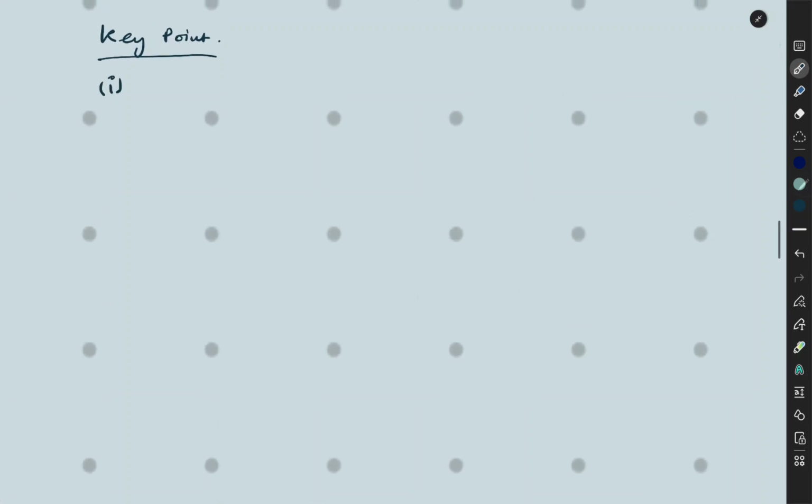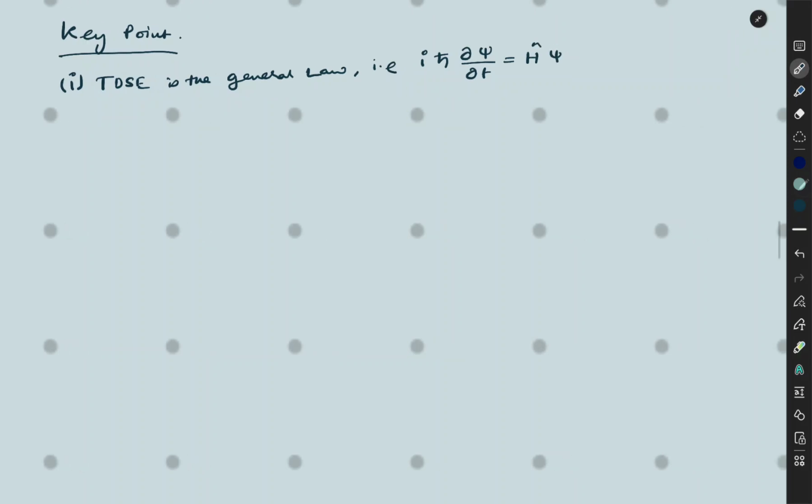The first one: the time dependent Schrodinger equation is the general law, that is, i h cut del psi by del t equals Hamiltonian of psi.